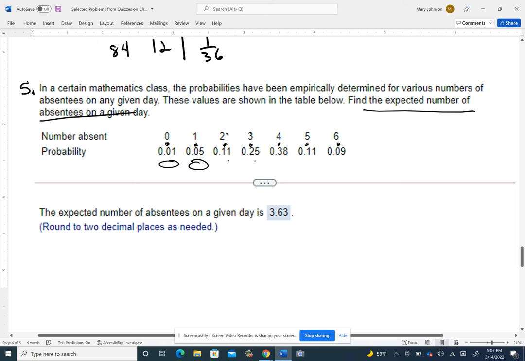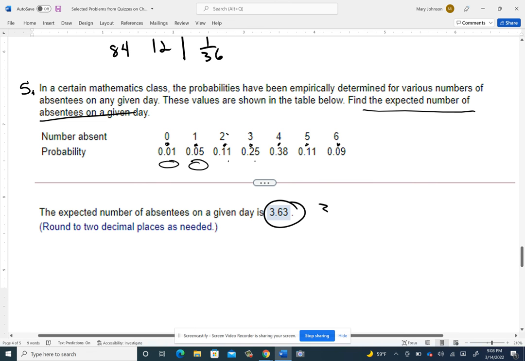So I'm going to go in and do on my calculators. I know 0 times 0.01 is 0, so you don't really have to type that in. But then 1 times 0.05 plus 2 times 0.11 plus 3 times 0.25 plus 4 times 0.38 plus 5 times 0.11 plus 6 times 0.09. Hit enter, and I get, oh, there it is.